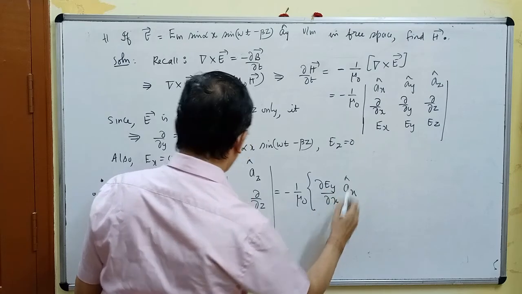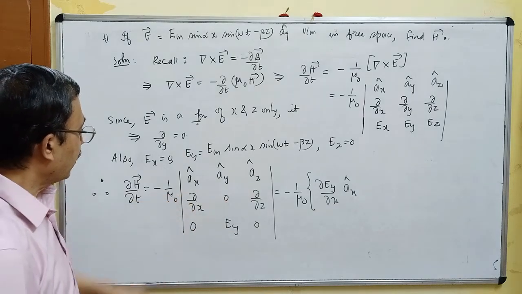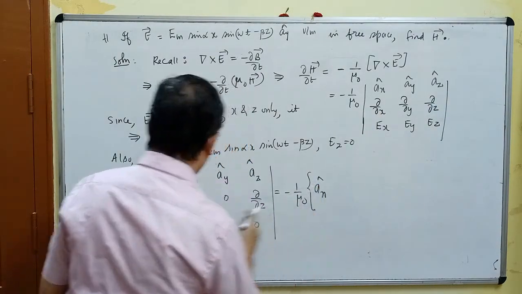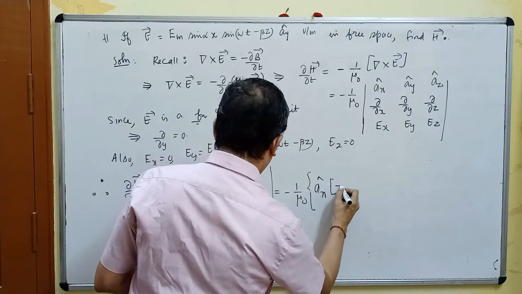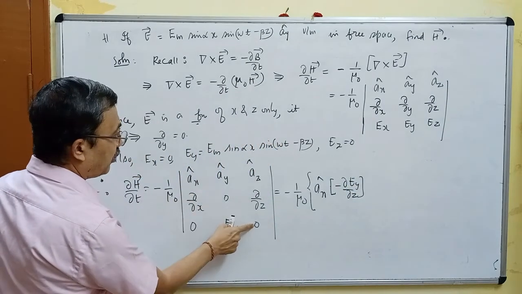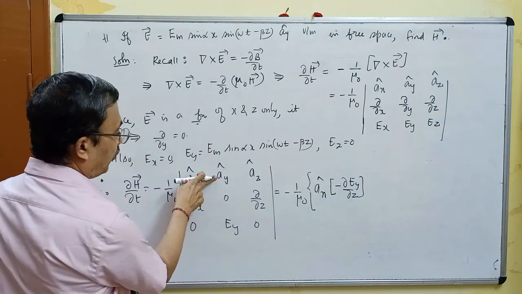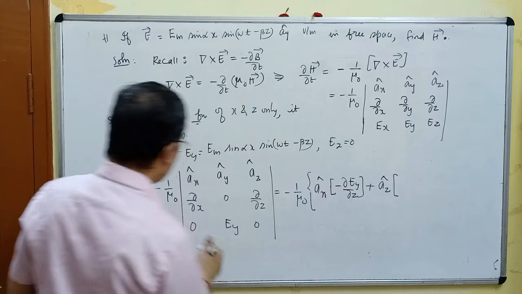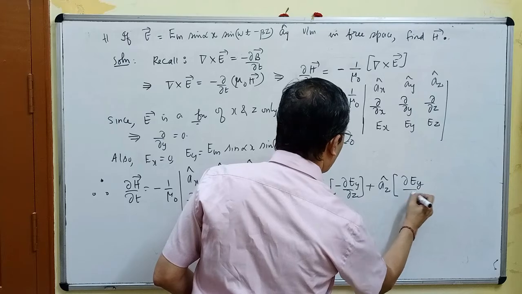Sorry, I made a mistake. Ax cap into this into this is 0, minus this into this, so minus dou Ey by dou z. Next, there is no coefficient with respect to Ay cap, plus Az cap into this into this is 0, minus this into this, dou Ey by dou x.